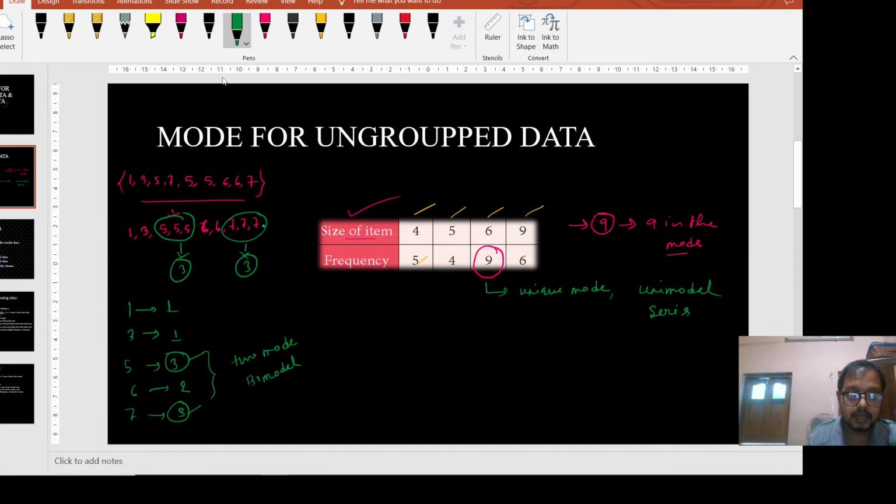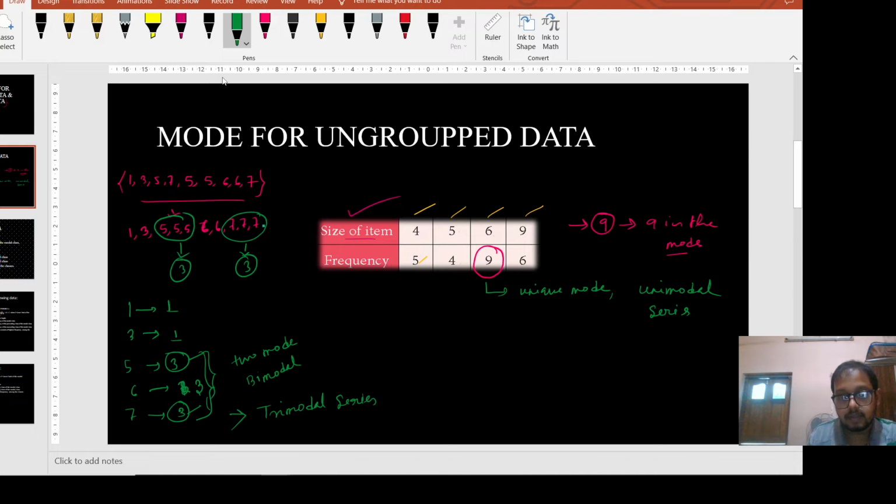And if we find another one, where 6 is also considered 3 times, then the highest frequency is 3, and it occurs for 3 particular observations, so I can say this is a trimodal series.